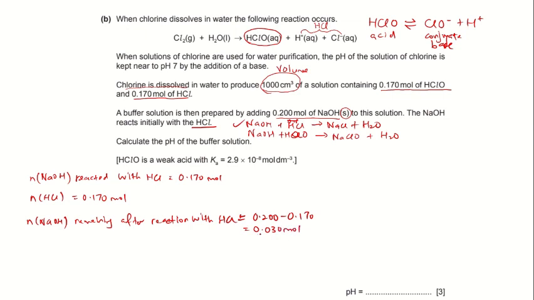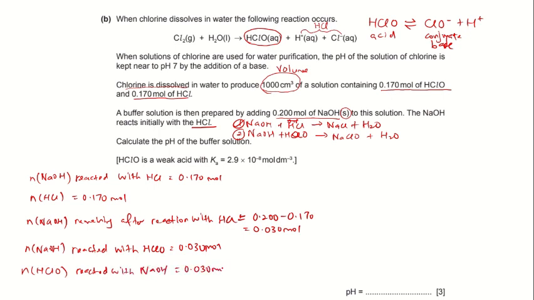Now this 0.030 mole of sodium hydroxide will then react, looking at the second equation, with our weak acid. It is also a 1:1 mole ratio, so the number of mole of the weak acid reacted with NaOH is 0.030 mole.